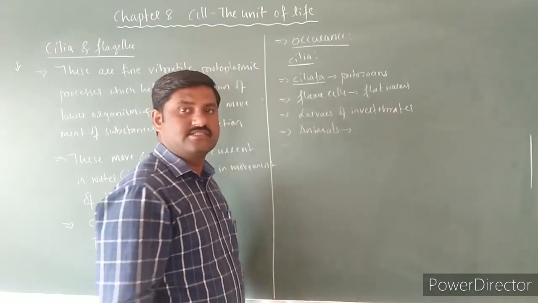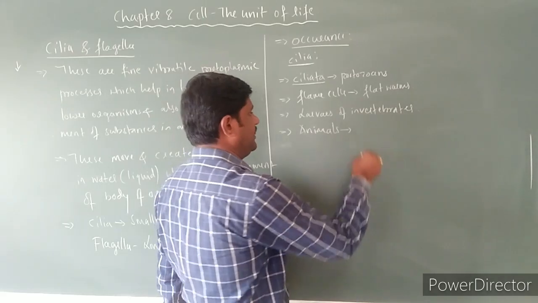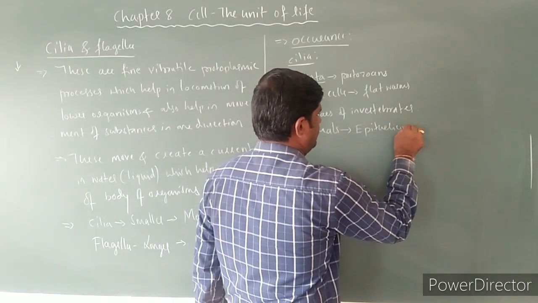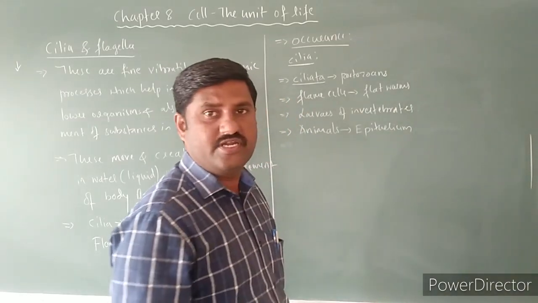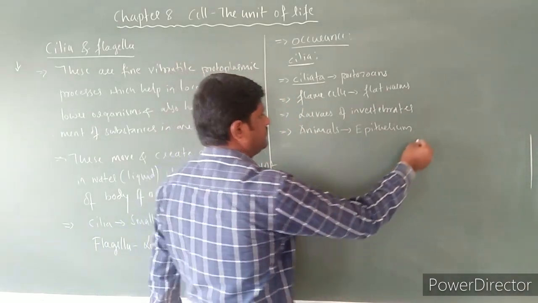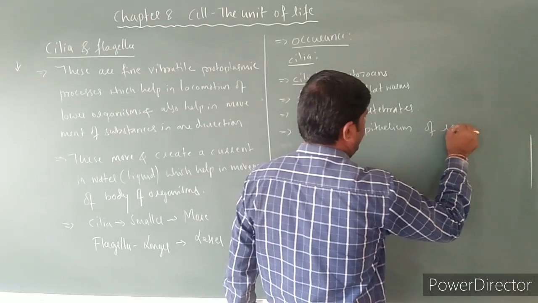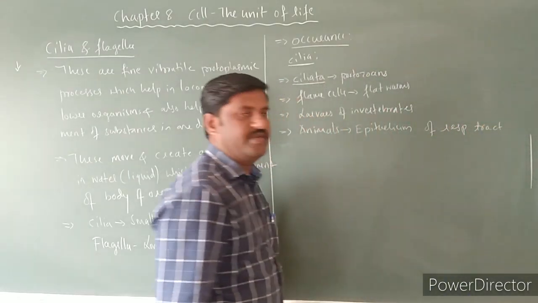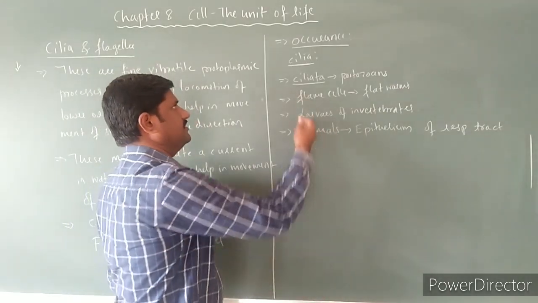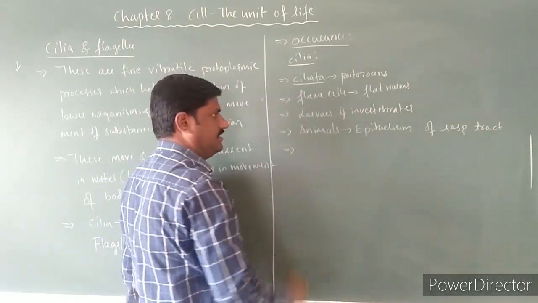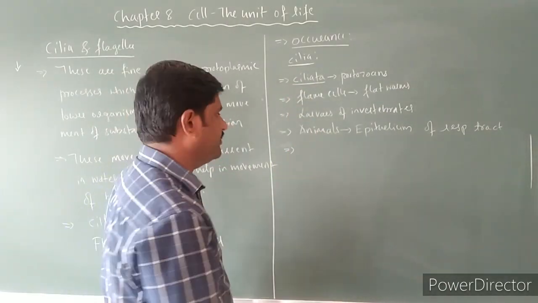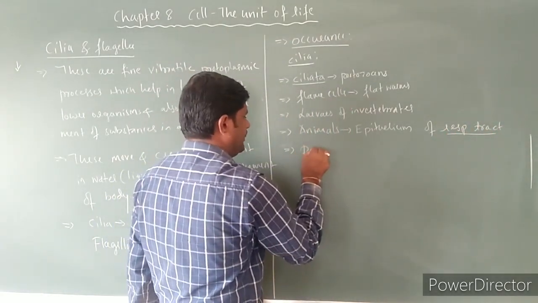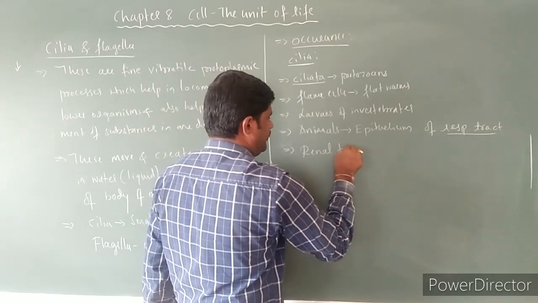These are also present in some of the higher animals. In some tissues, especially epithelial tissue, ciliated epithelium, you know it better, the epithelium of the respiratory tract, right? In the respiratory tract, you know which ones are present? Cilia are present. These cilia are also present in the respiratory tract as well as renal tubules.